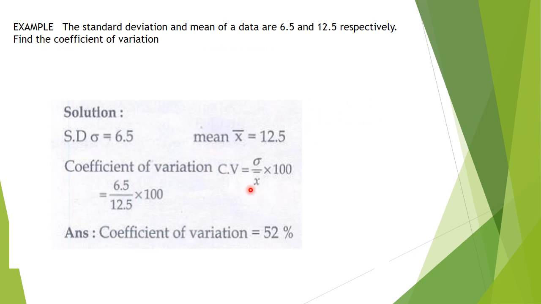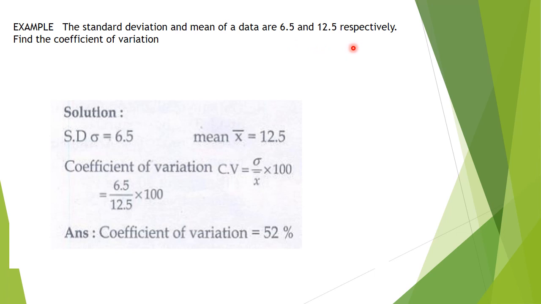Example of coefficient of variation: the standard deviation and the mean of a data are 6.5 and 12.5 respectively. Find the coefficient of variation. The standard deviation is given to us, the mean is also given to us, and we need to find the coefficient of variation.